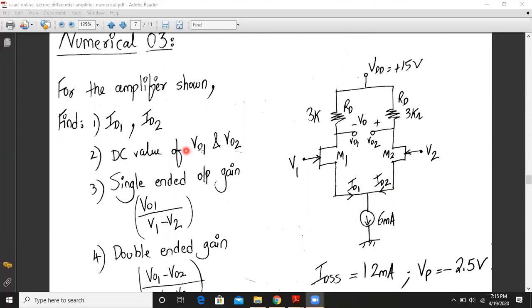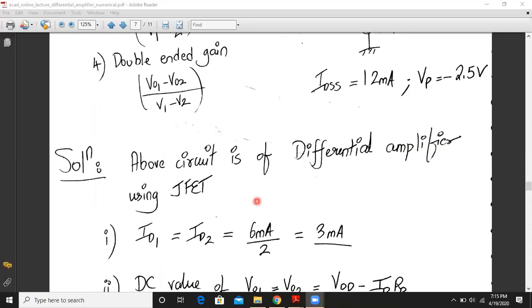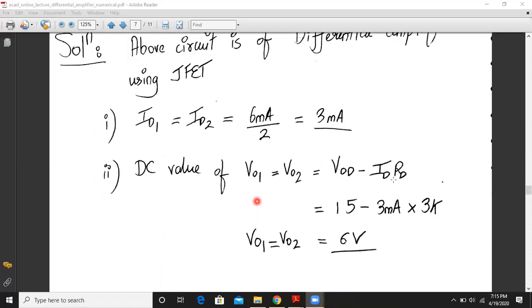Now the DC value of VO1 and VO2 is nothing but the voltage across drain terminal 1 and the voltage across drain terminal 2. So VD1 and VD2 will be equal to the DC value of VO1 and VO2. VO1 will be equal to VDD minus IDRD and VO2 will be VDD minus IDRD, so both will be the same.